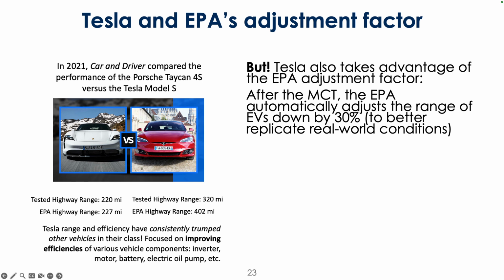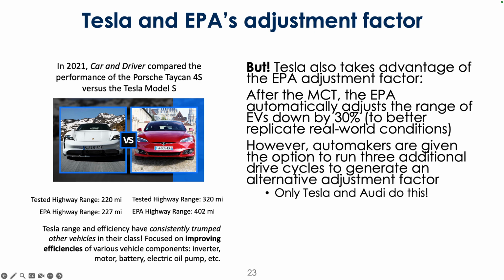That's a roughly calibrated number to better replicate real world conditions, because they find that this test again overstates efficiency. But automakers are given an option to run additional drive cycles to generate an alternative adjustment factor.